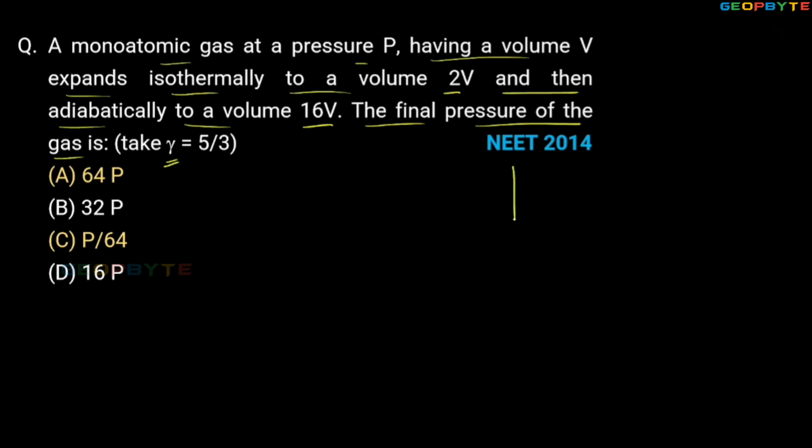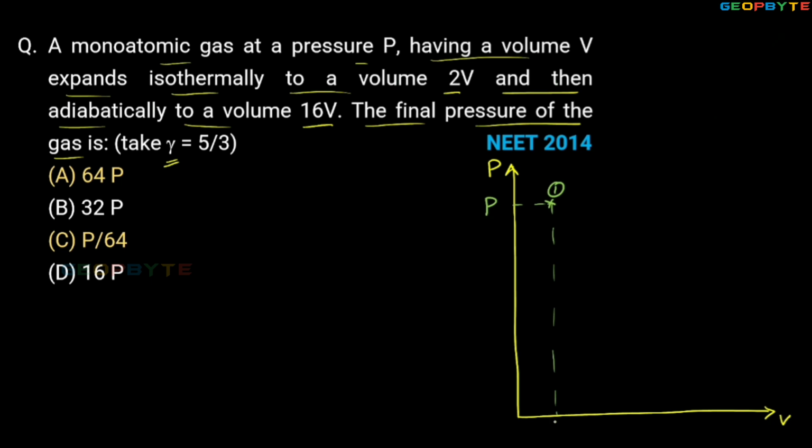So better to mark the PV diagram for the two processes given, pressure versus volume. Let us mark the initial state of the gas where the pressure of the gas is P and volume occupied by the gas is V. After isothermal expansion, the pressure is P2 and volume occupied by the gas after isothermal expansion is 2V.